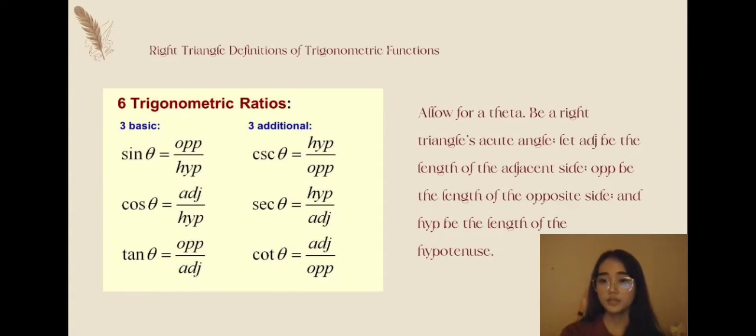The reciprocal of the cosine function is called the secant. The secant of angle A, denoted sec A, is the ratio of the length of the hypotenuse to the length of the adjacent leg. The reciprocal of the tangent is called the cotangent. The cotangent of angle A, denoted cot A, is the ratio of the length of the adjacent leg to the length of the opposite leg.